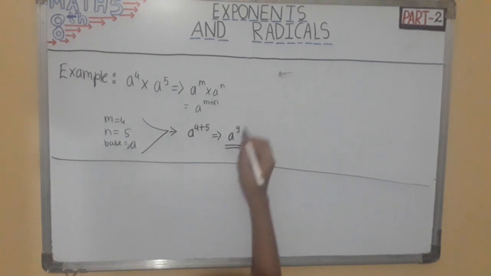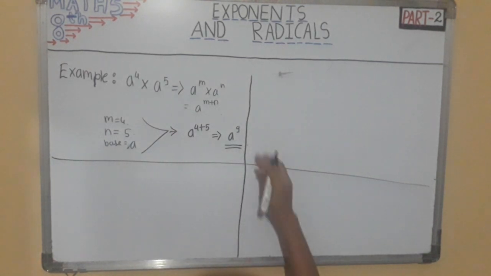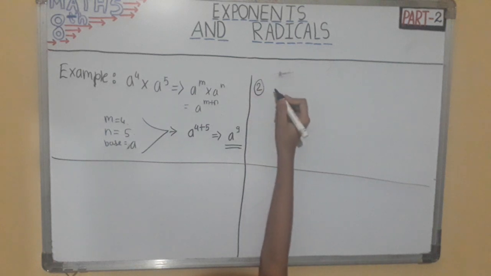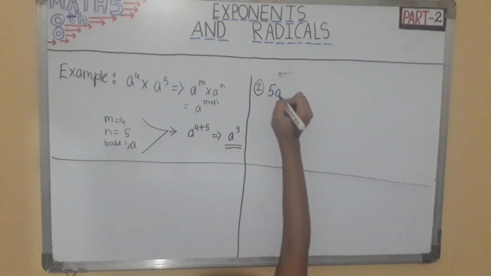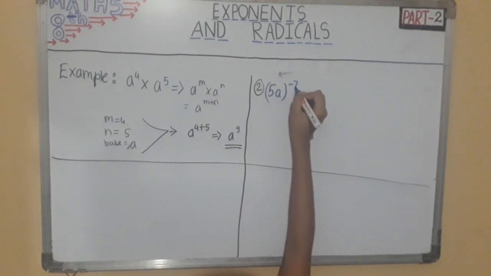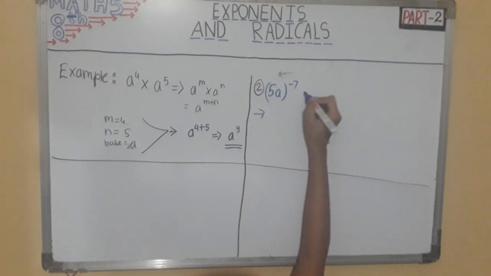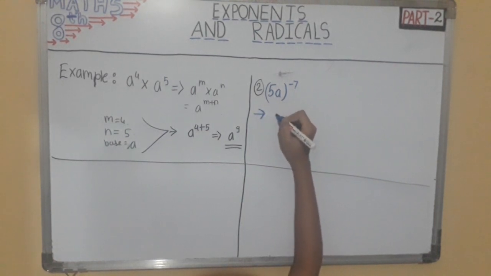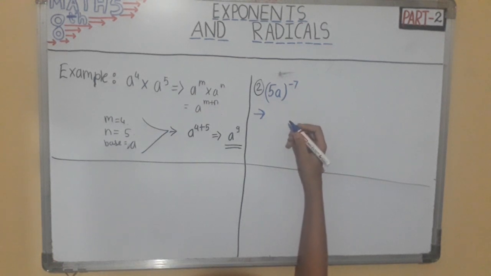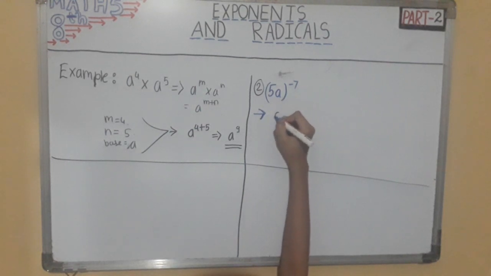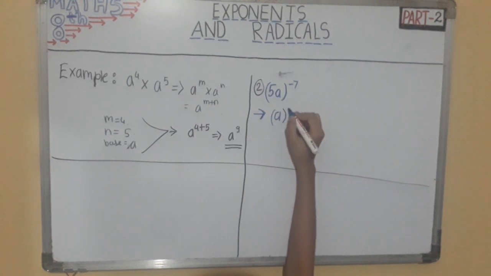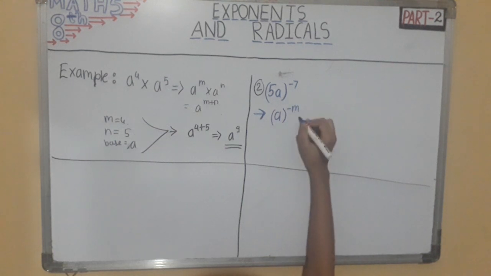One more question, that is second example. It says that (5a) whole raised to minus 7. So in this, any number raised to minus m, we will take the identity.